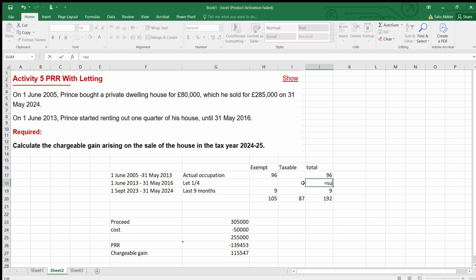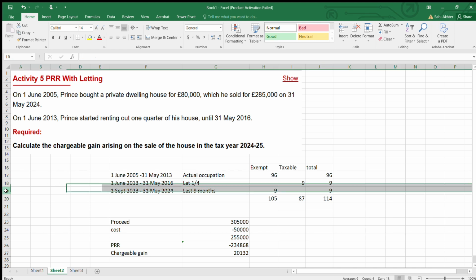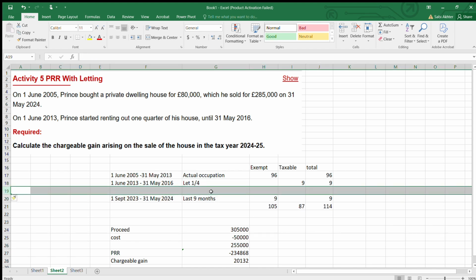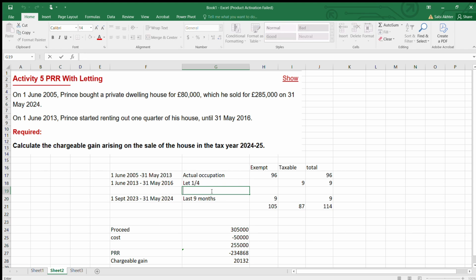Just use the sum function. Done. Then in this period, the actual occupation will be exempt. What is the actual occupation? The remainder. So I will just add one more line here: 3/4 actual occupation.